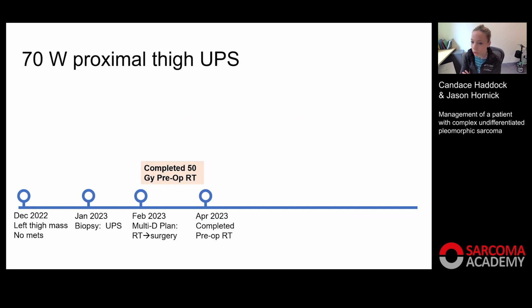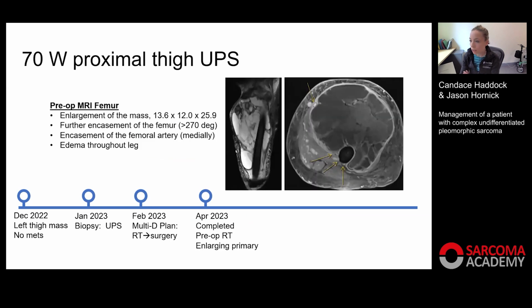Ultimately, she was able to have good supportive care, get through radiation, although it was a rocky course, and complete radiation in April. Pre-op MRI unfortunately showed further enlargement of the mass, now measuring up to 26 centimeters. It was encasing the femur nearly 270 degrees around.